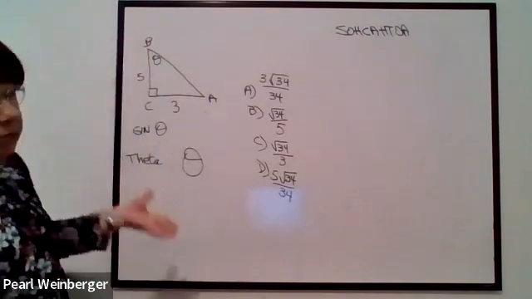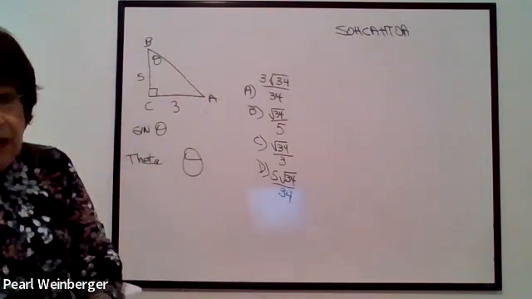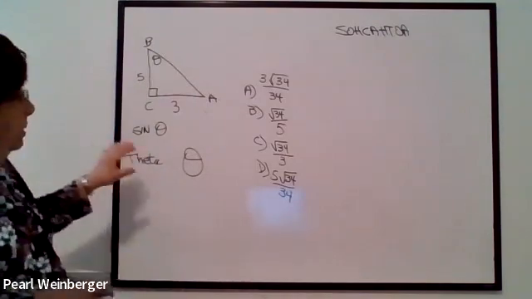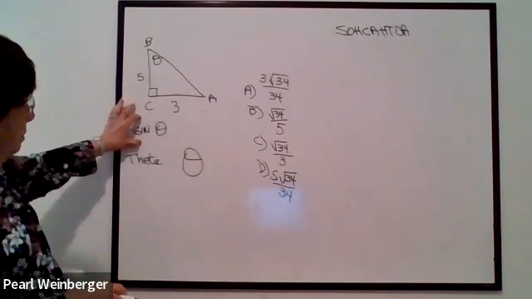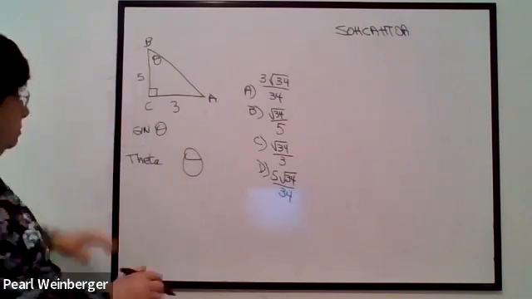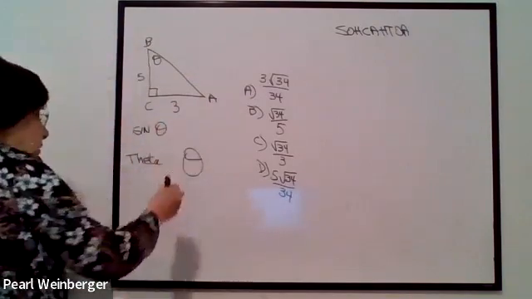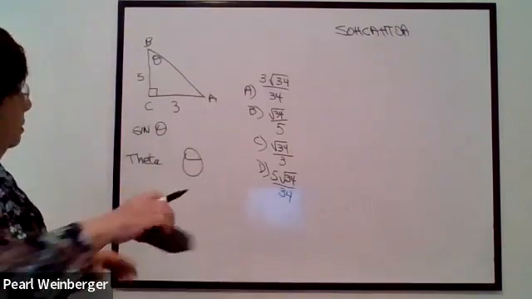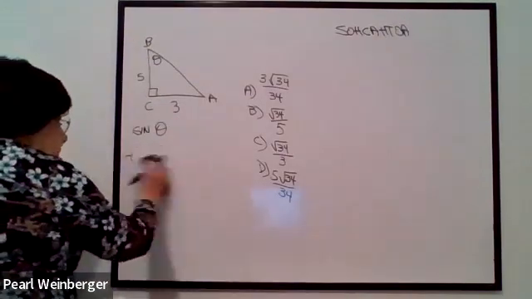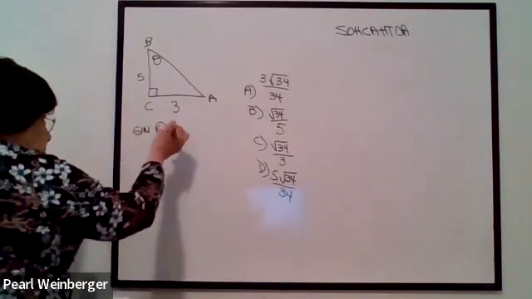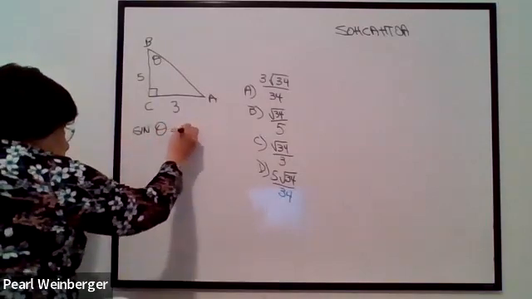Usually they don't give you both. Sometimes they give you one, sometimes they give you the other. Okay, so basically I'm asking you to find the sine of B. So we want to find sine theta, which I'm going to write over here, is really the sine of B.